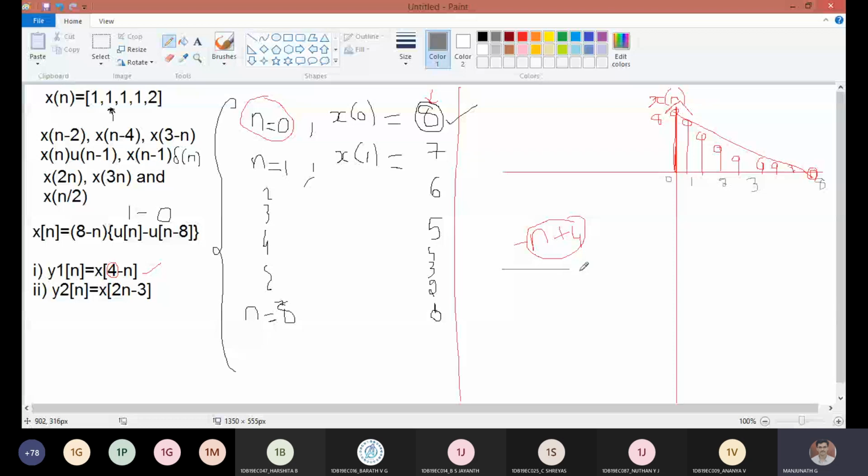So the same signal will be pushed how many times? Four times. So it means this will start at where? Minus 4. Good. So from minus 4, the signal will be like this. I will just write a constant dip like this. Is it understood?